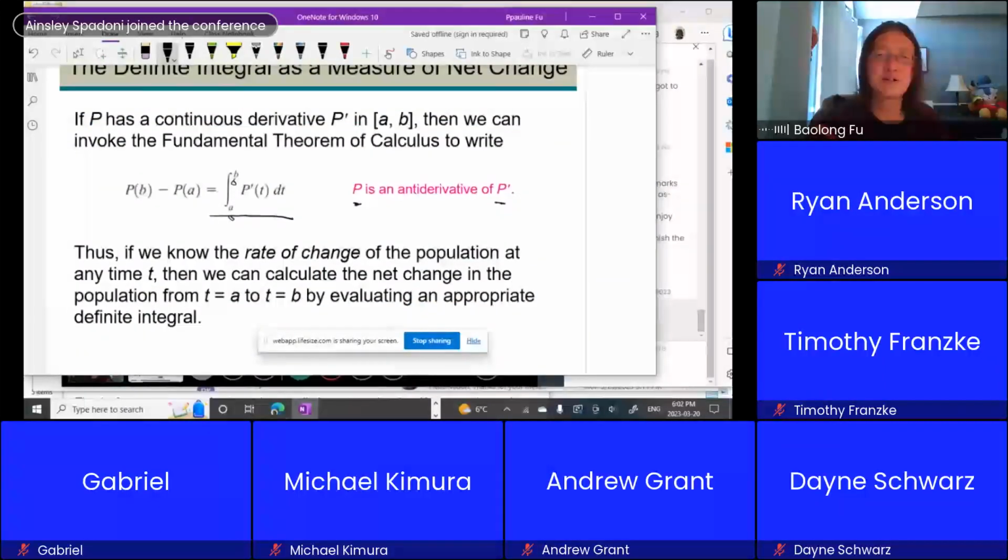For example, if P prime equals x squared, remember last time, okay, maybe we take an example later. Okay, any questions so far?